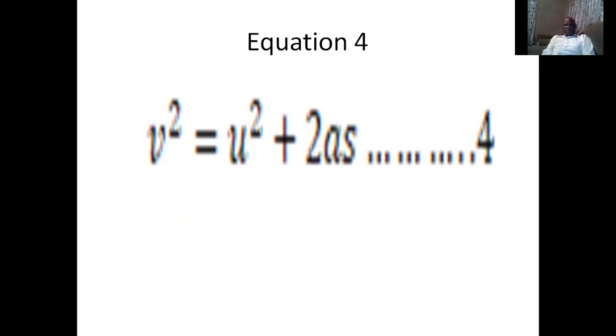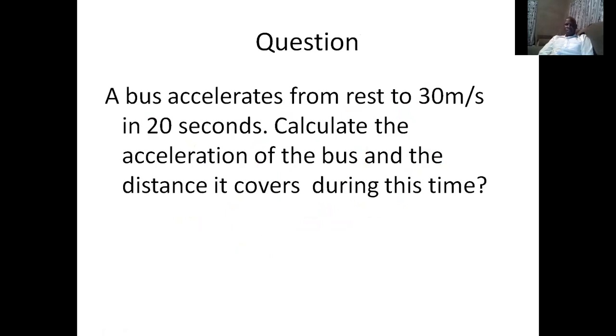times the displacement. And so I thought this is very important for us to understand as we are going to apply these equations to solve many problems. And so we just have one question here that we can solve using one of these equations. A bus accelerates from rest to 30 meters per second.